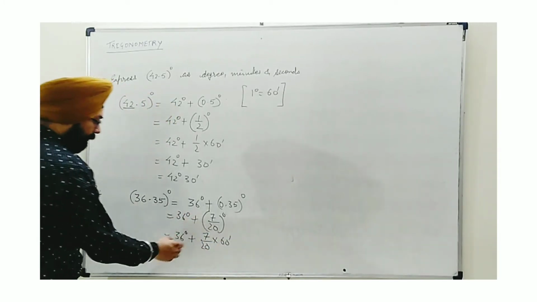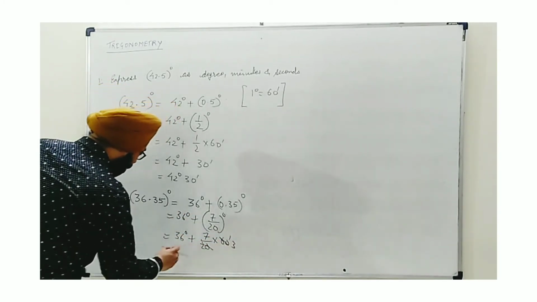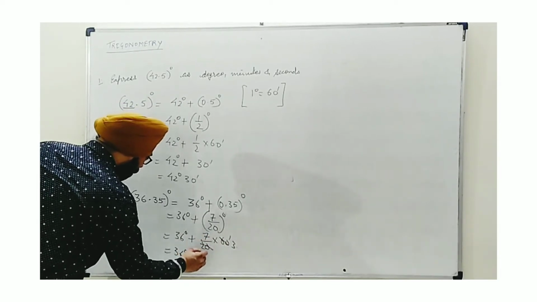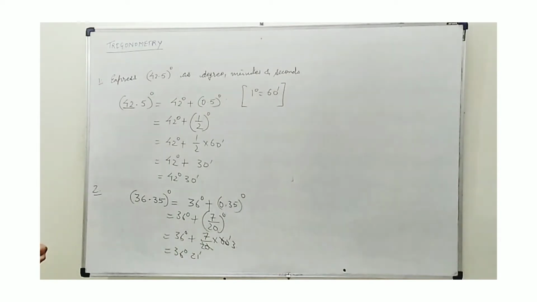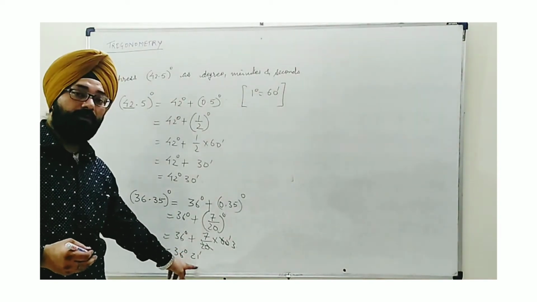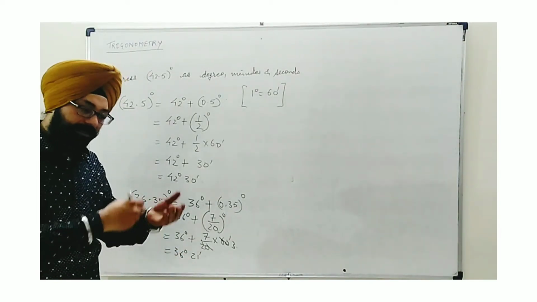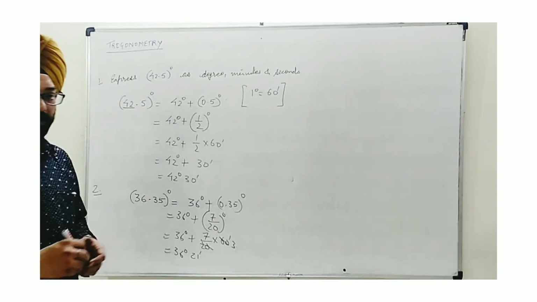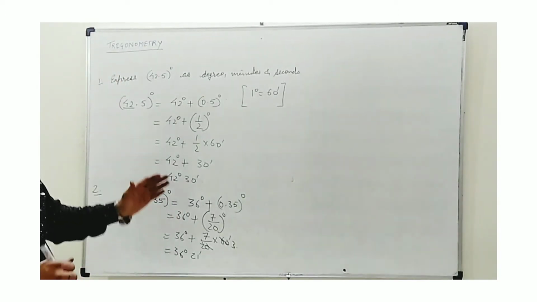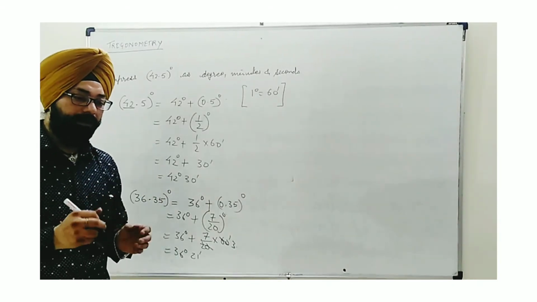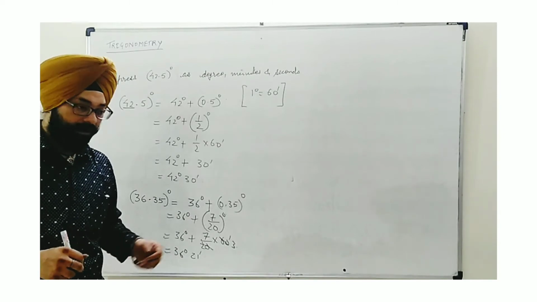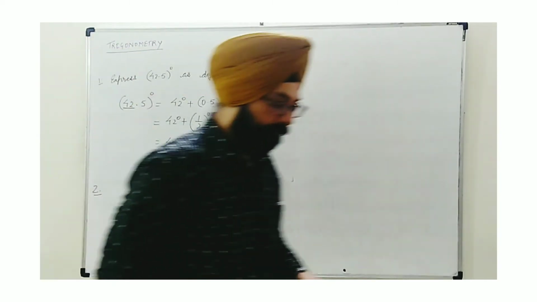As soon as we see, 20 threes are 60, it comes 36 degree and 7 threes are 21 minutes. And if the minute portion also has a decimal, we will convert that into seconds further. So this is the pattern to convert the given value of degree into degree, minutes and seconds. Now we will see the next question.